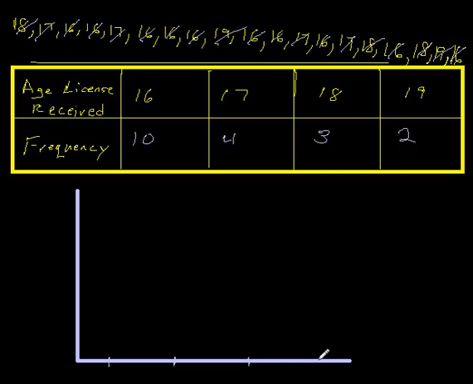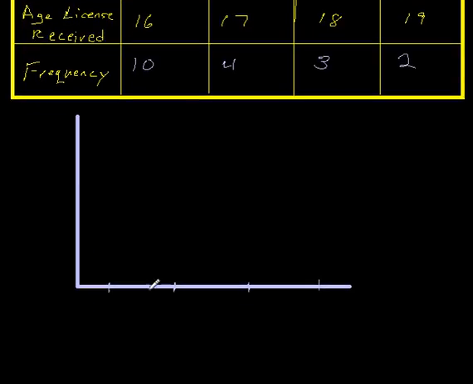I'm just labeling my graph right now, setting it up. Scroll down some: 16, 17. My X axis, the bottom here, is going to be the age. I'll label it age.